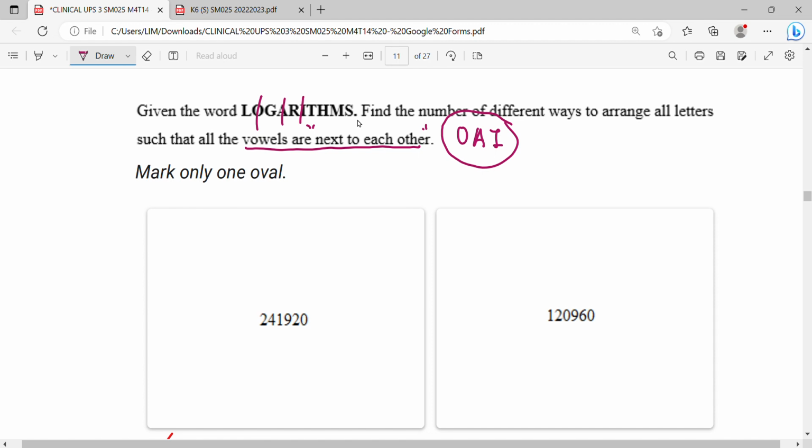Then we calculate with the others, with L, G, R, T, H, and S. So how many arrangements are here? 1, 2, 3, 4, 5, 6, 7, 8. So 8 factorial. Multiply, in the bracket here there is 3 factorial. 8 factorial times 3 factorial.